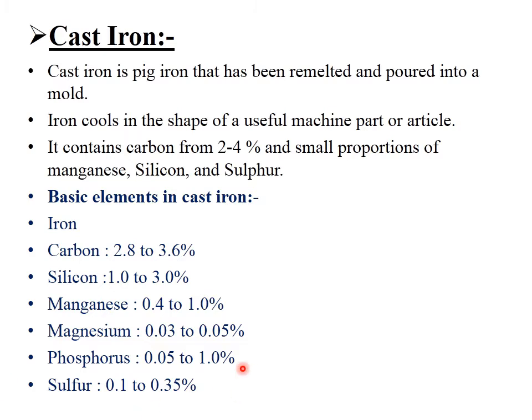And these impurities have no influence on the properties and the structure of cast iron. So the property and the structure are governed by this percentage of carbon and how this carbon has reacted with the major element, that is Fe component or iron.